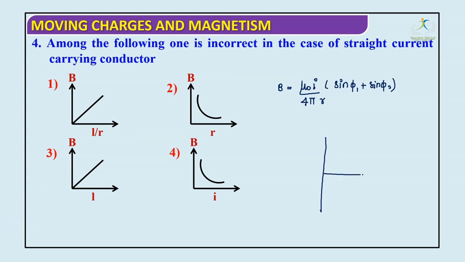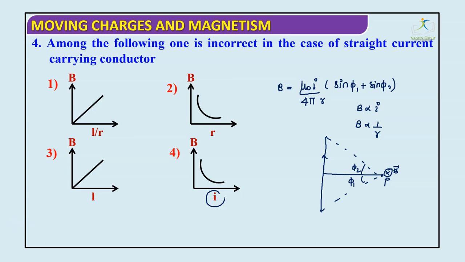If this is the rod, and at a particular point P we have to calculate the magnetic field B, it will make angles phi 1 and phi 2, and the result comes in this form. As we can see, B is directly proportional to I, and B is inversely proportional to r. In the graphs we can see the B and I relation in the first, the fourth, the second and the last.